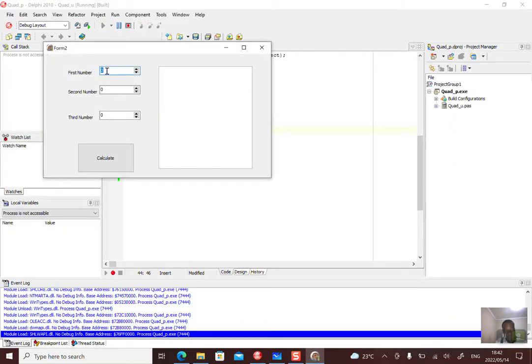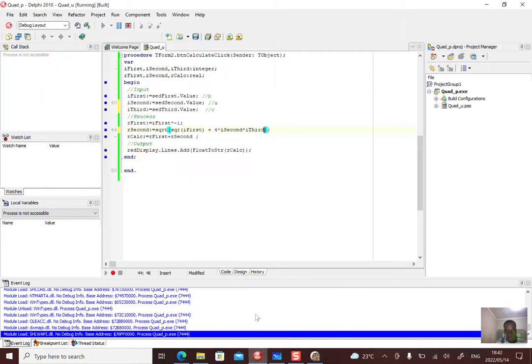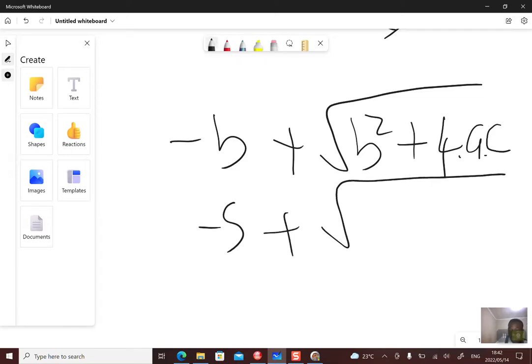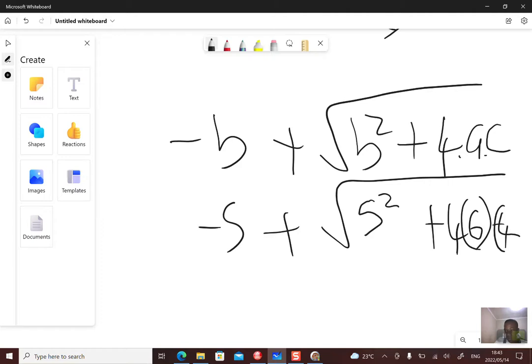So what I'm saying is that it should be 5 here now, and then over here it's going to be 6, and over here it's going to be 4. So let's see what should happen. It should say -5 plus the square root of 5 squared plus 4 times 6 times 4.